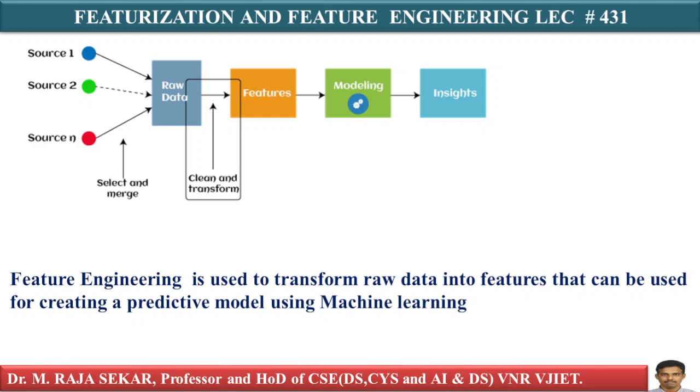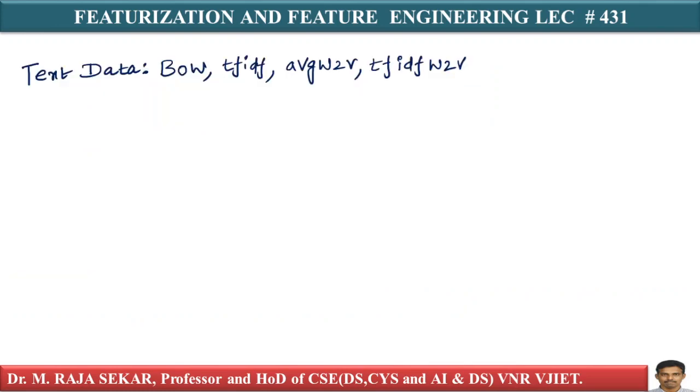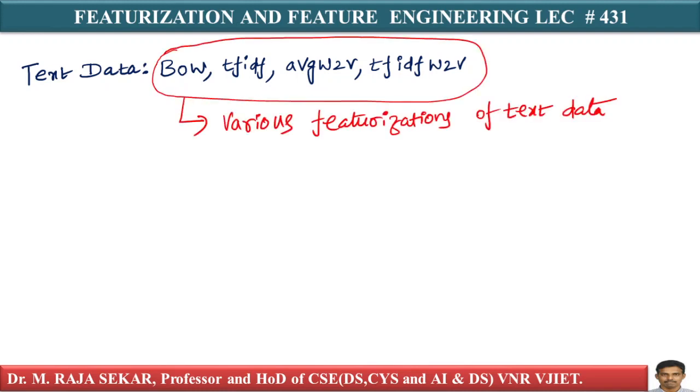For text data, we have seen featurizations like bag of words, TF-IDF, average word2vec, and TF-IDF word2vec. All these are various featurizations of text data. All of them are useful, some in some cases, others in other cases.